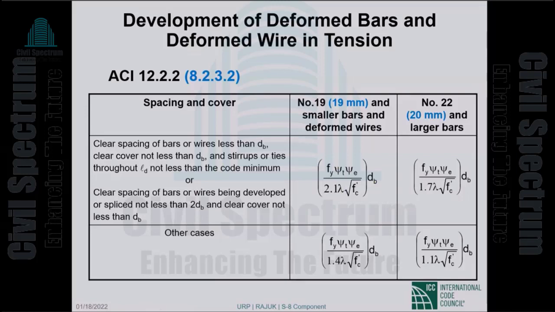How many is a function of the yield strength of the reinforcement, the compressive strength of the concrete, the lightweight concrete factor if there is lightweight concrete involved, and then two parameters: psi sub T for top bar effect and psi sub E for epoxy coating effect.